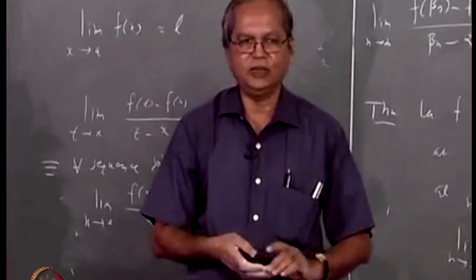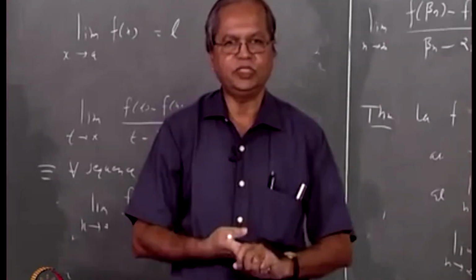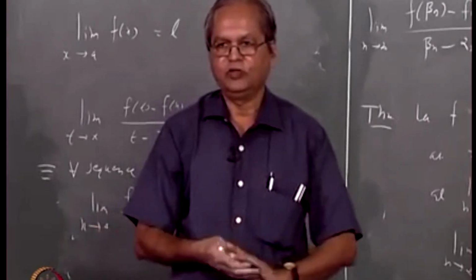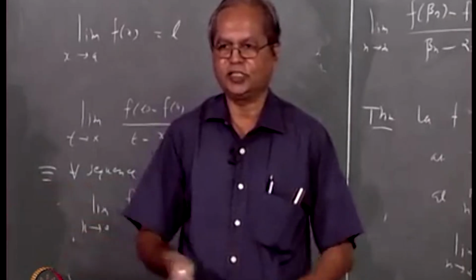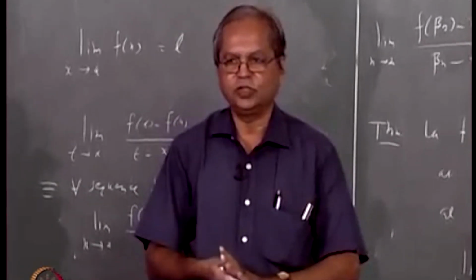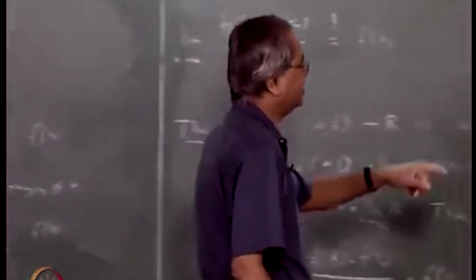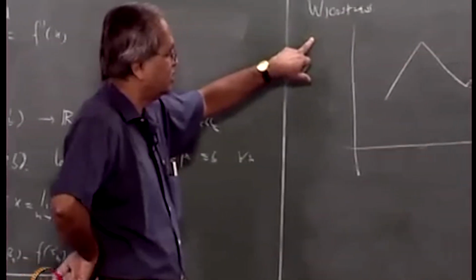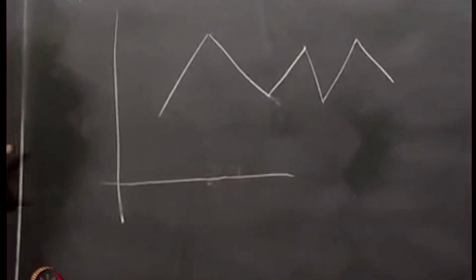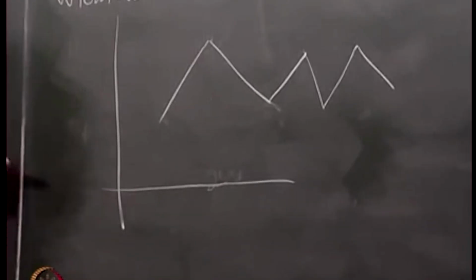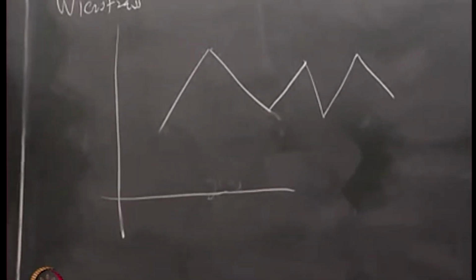Till that time everybody used to think that a function means something defined by a formula, like 2x cube plus 3x square, or f(x) is equal to sin x. But after this example came, everybody thought the concept of function had to be looked at more carefully, and then we have the modern definition of functions after several people contributed to it.